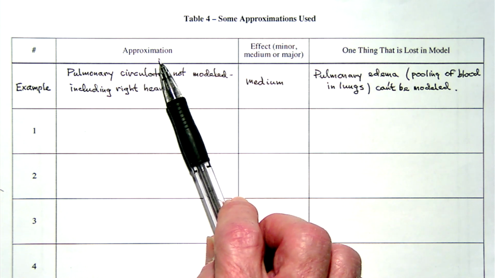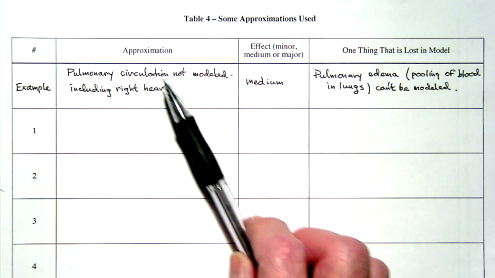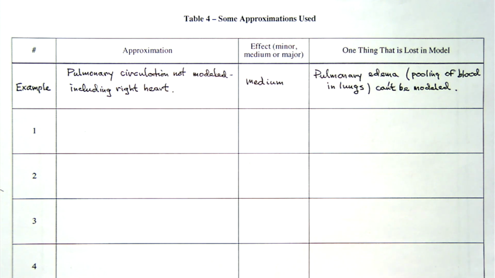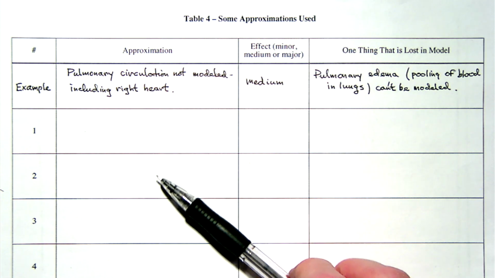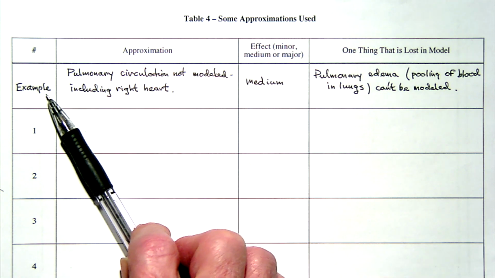And I've actually counted about 15 approximations that we need for our modeling. For this table, you need to fill in 5 approximations in this column right here, based upon what you have learned about the various equations and modeling that we're doing here. Now, I've started you out with an example.